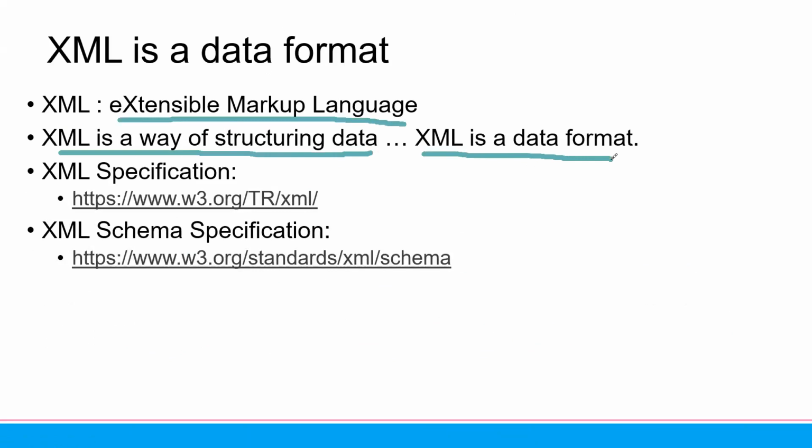If you want to take a look at the specification, you can go to this web link, www.w3.org. They have a specific structure for describing XML. And if you want to learn about the schema specification, this website also provides the standards for XML schema.